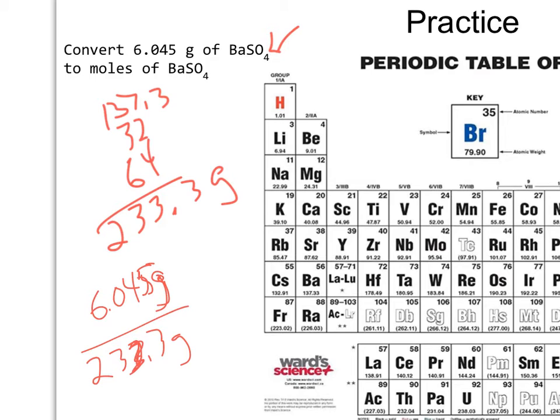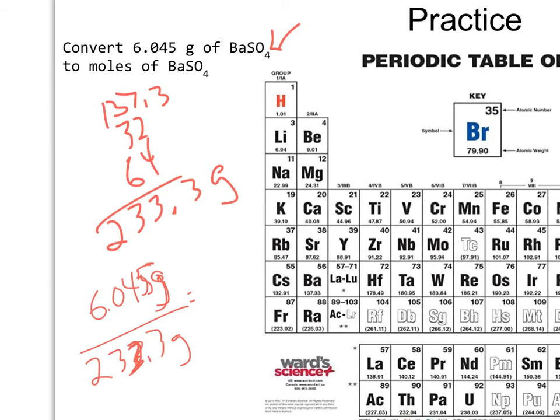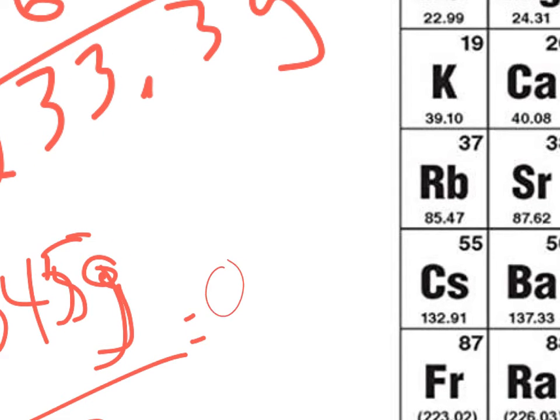Okay, so it's 6.045 divided by 233.3. And that comes out to 0.026, I'm rounding, moles.